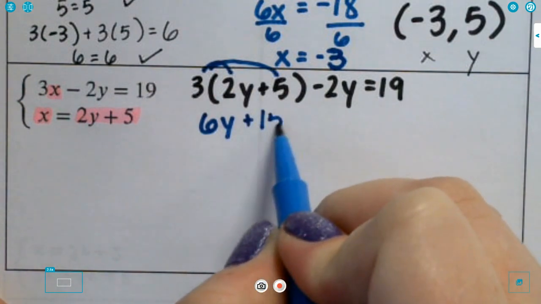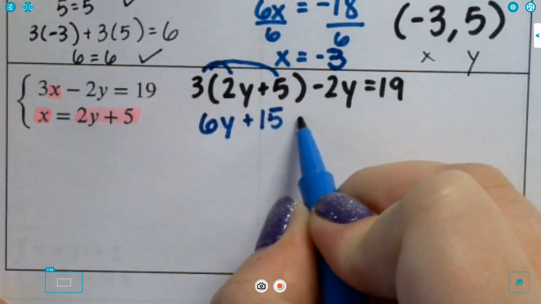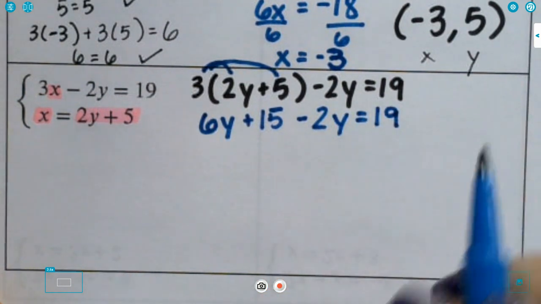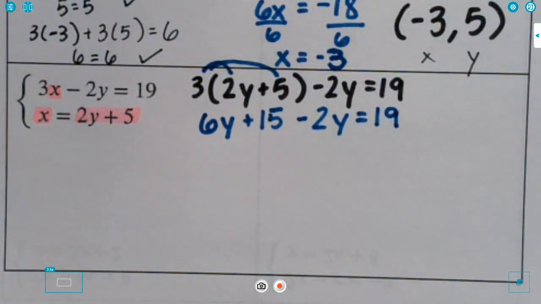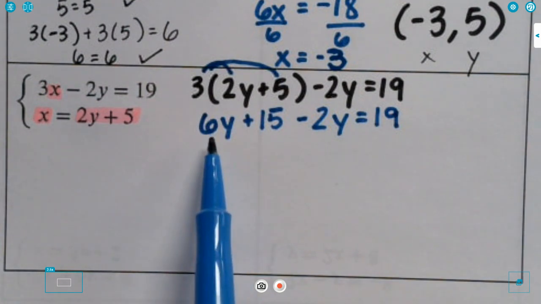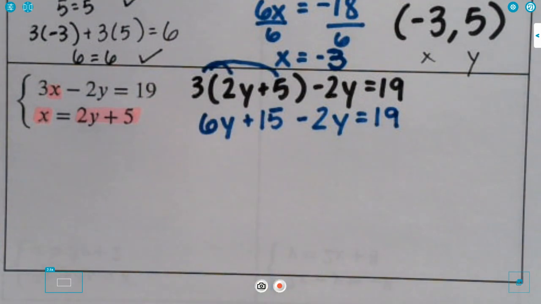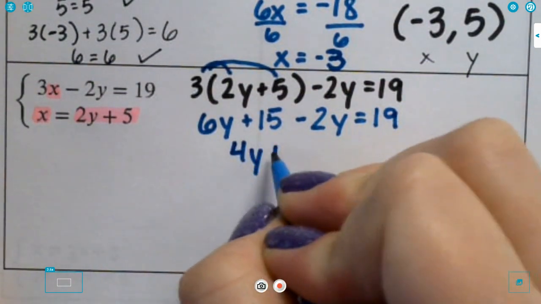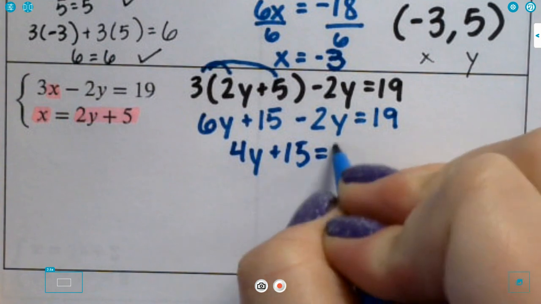So I've got 6y plus 15. And I still have my minus 2y equals 19. Okay, I'm going to combine like terms. So 6y minus 2y is 4y plus 15 equals 19.